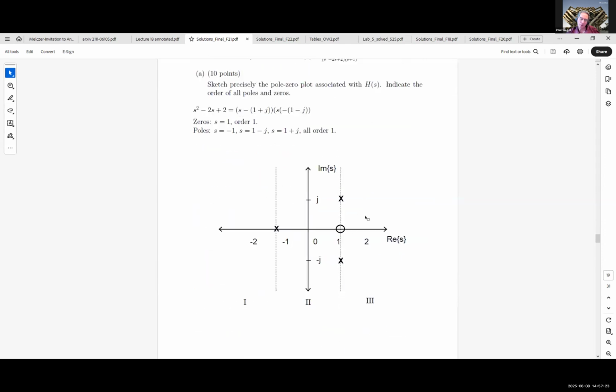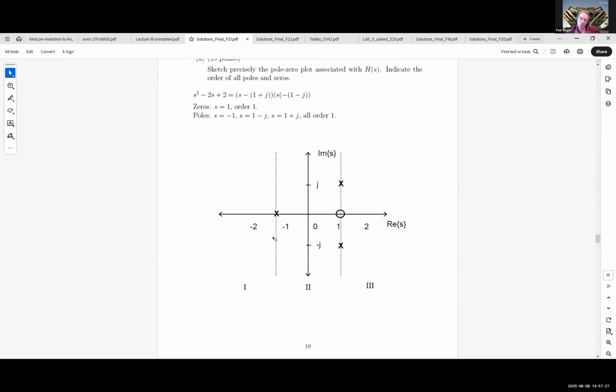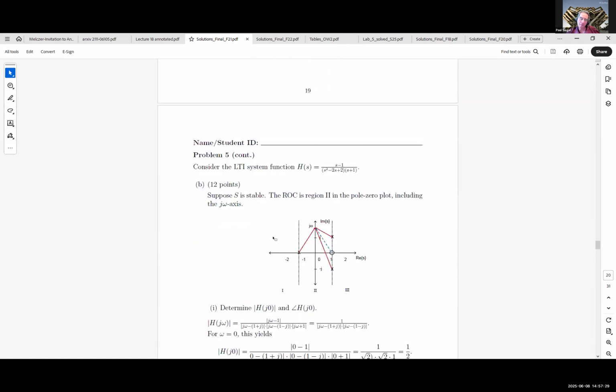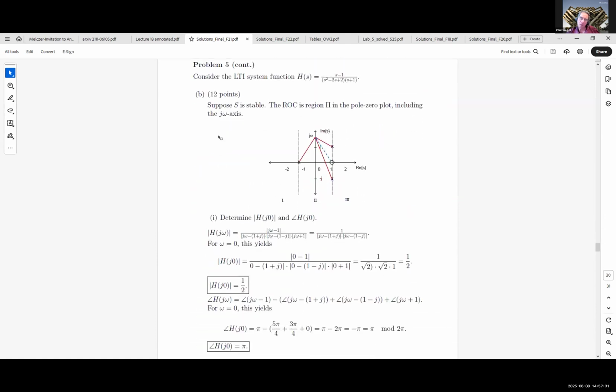So this turns out to be the pole zero plot just by solving for the roots of the numerator and denominator. This is now the calculation of the frequency response. So here you have to use that geometric technique that we talked about.